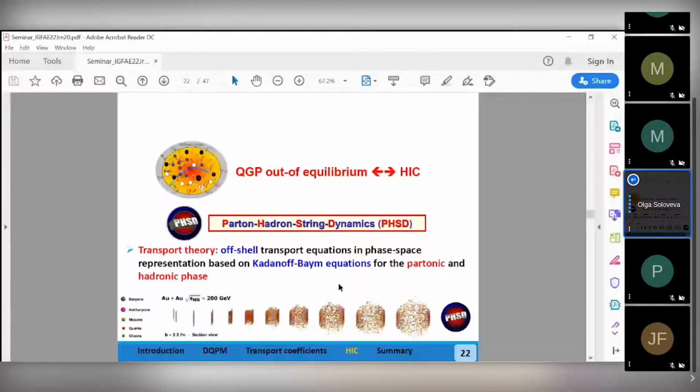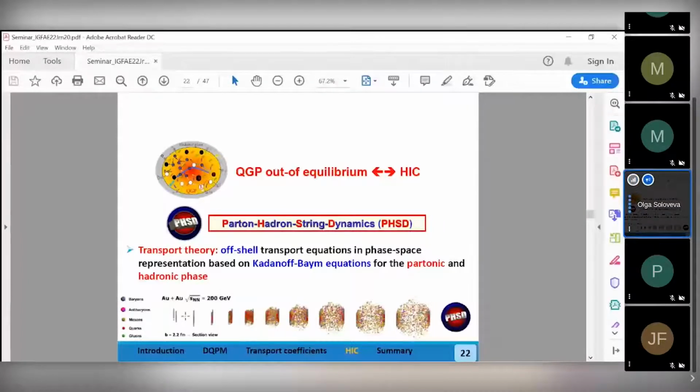Here you can see, for example, a schematic picture of a gold-gold collision for a central collision, where b is the impact parameter, equal to zero fermi. Here you can see the formation of the quark gluon plasma phase. This corresponds to the red and green points.